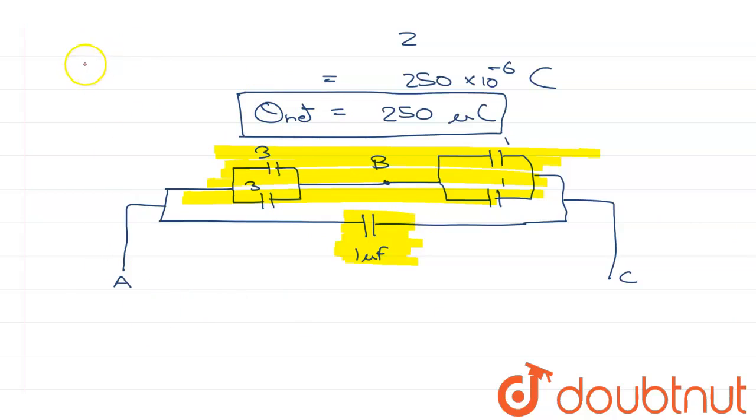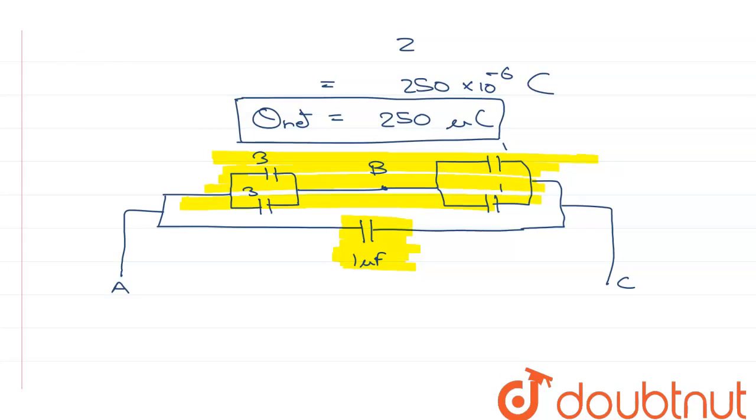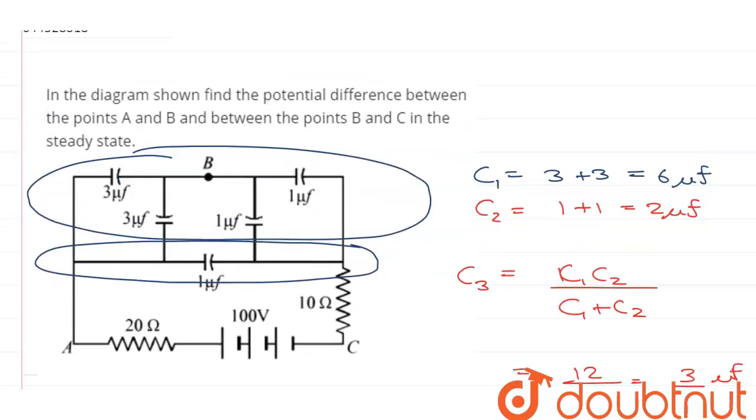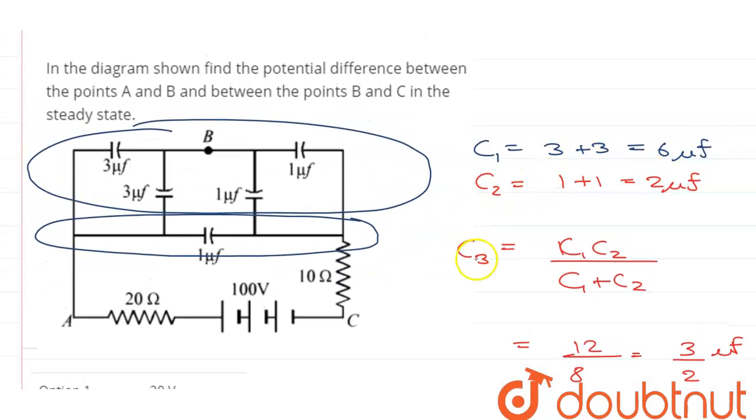So if the charge in the upper branch is Q1 and the charge in the lower branch is Q2, then Q1 should be equal to the capacitance of the upper branch, which will be C3.